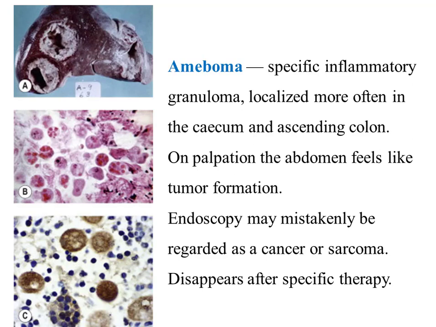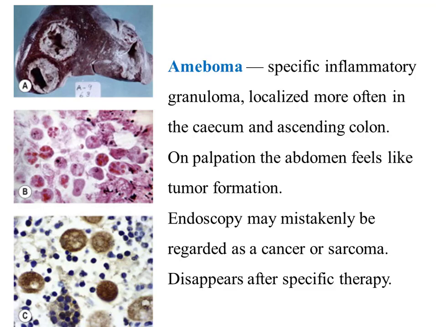In rare cases, patients develop amoeboma. It's a specific inflammatory granuloma, localized more often in the cecum and ascending colon. On palpation, the abdomen feels like tumor formation. Endoscopy may mistakenly regard it as a cancer or maybe sarcoma.